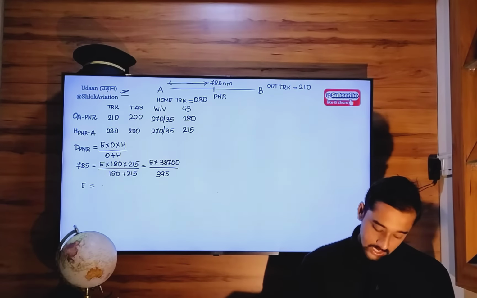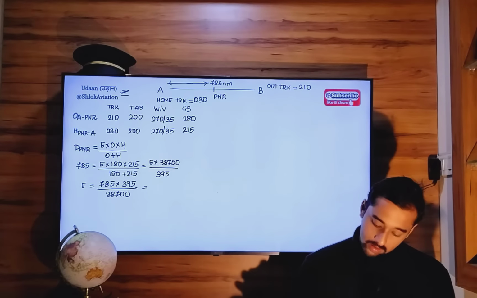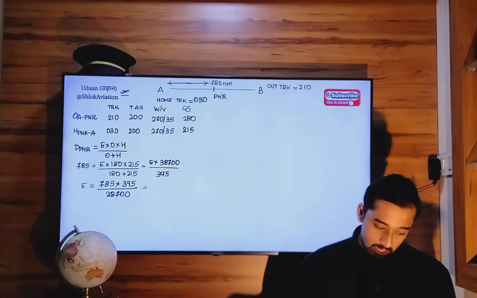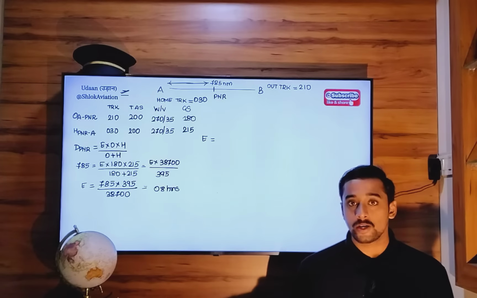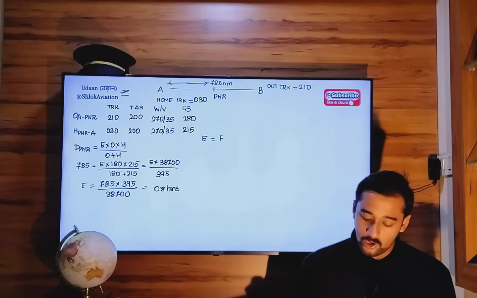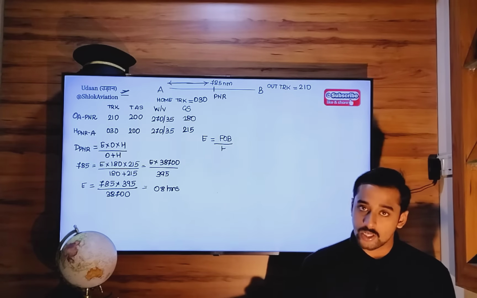So endurance is 785 into 395 divided by 38,700, which is 8 hours. Now what is endurance? Endurance is how long the fuel in your tank is going to last. So total fuel on board divided by fuel consumption.